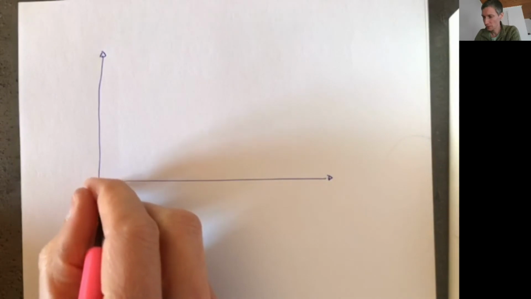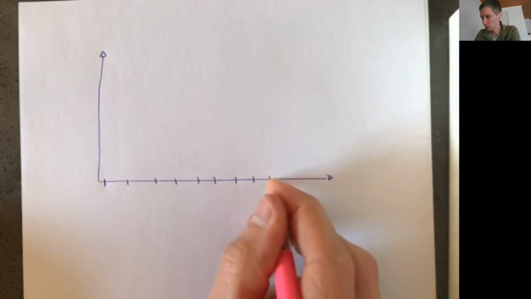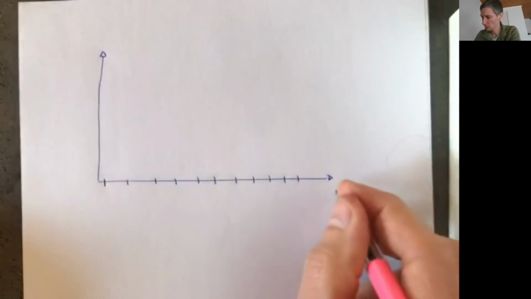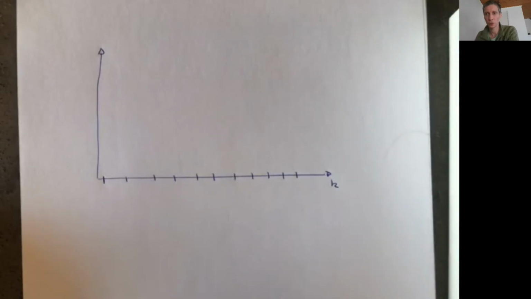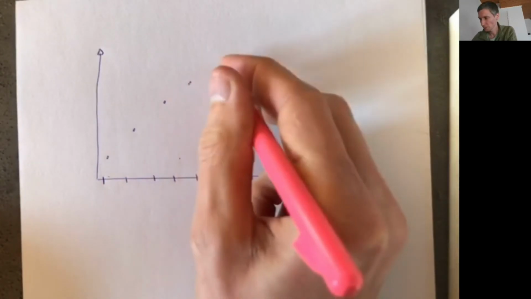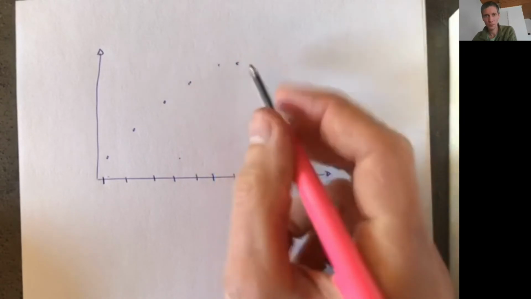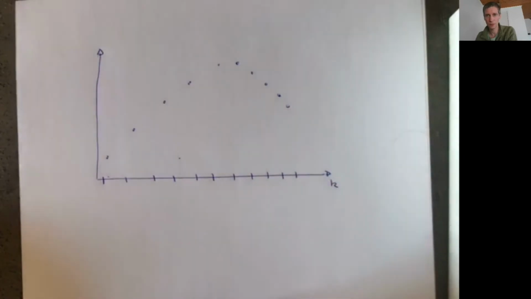So if these are all my levels of capital, I have a discrete grid, right? So this is levels of capital. Basically, I want to optimize a concave function, or a concave discrete function, in the sense that it first increases, then it reaches some optimal value, and then it decreases later on, right?